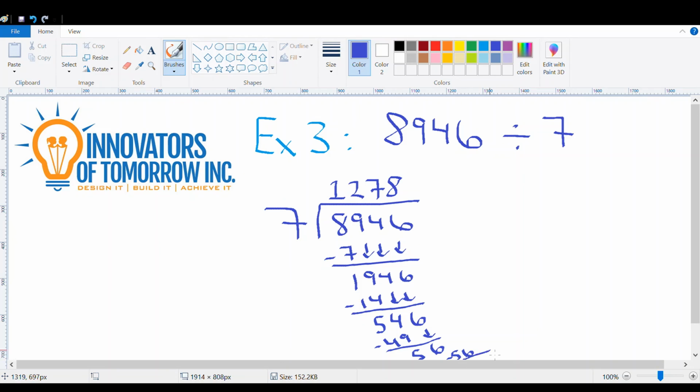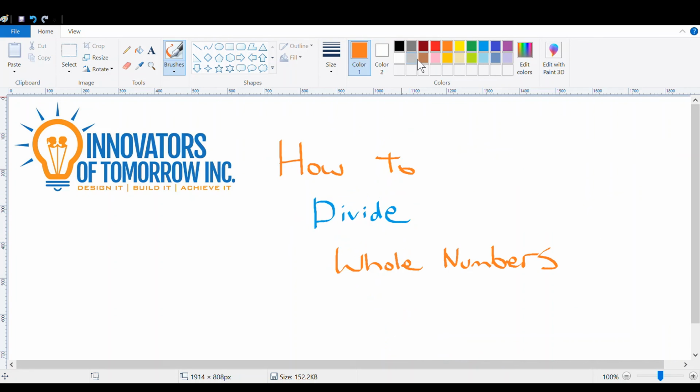So when we subtract, our remainder is 0, which is less than 7, and 0 also means that we have satisfied dividing what we need to divide. So now our answer is 1,278 with no remainder.